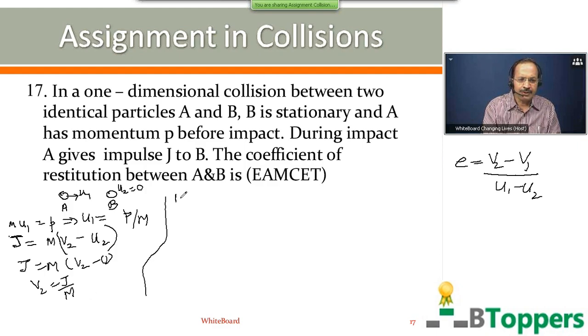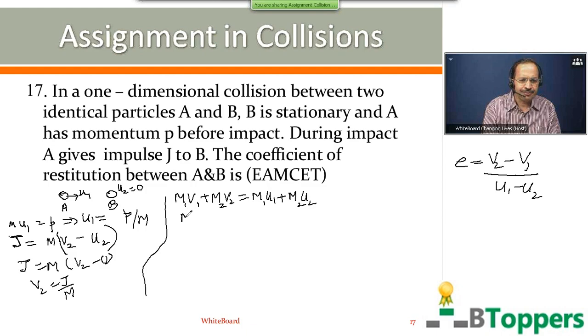For a one-dimensional collision, you can write m1 v1 plus m2 v2 is equal to m1 u1 plus m2 u2. Here both the bodies have the same mass, denoted by m.